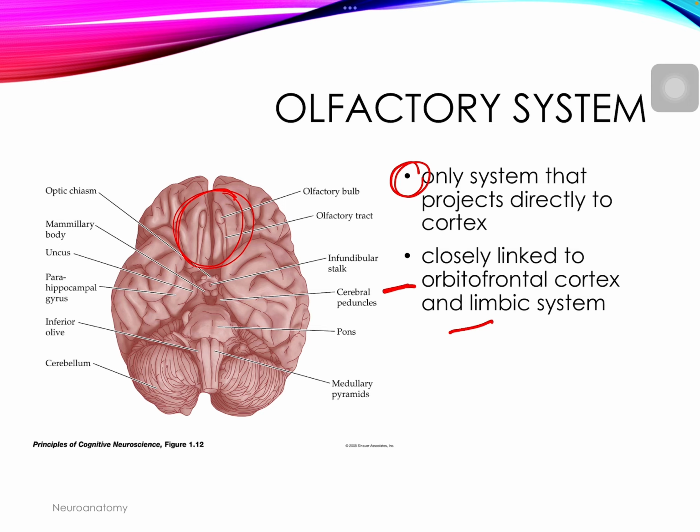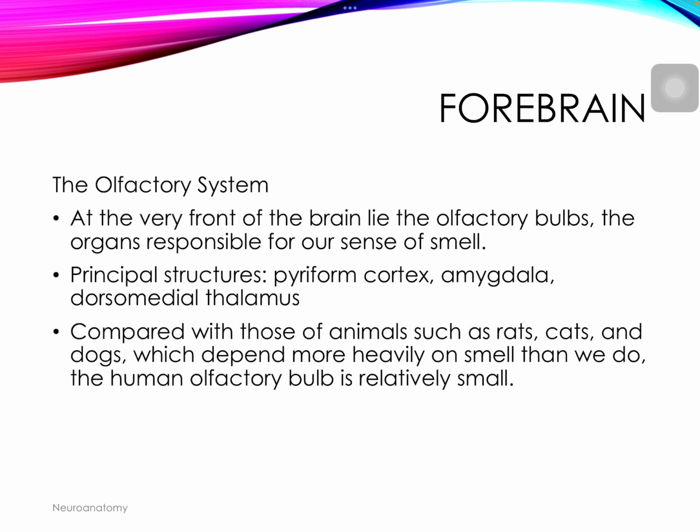But if we have, for example, a toxic smell, we know that that might be dangerous. Or if we have a smell that we associate with somebody, that might be tied to very happy feelings. And anytime we smell certain things, we might feel nostalgic. These are all because of these close ties into things like the limbic system.